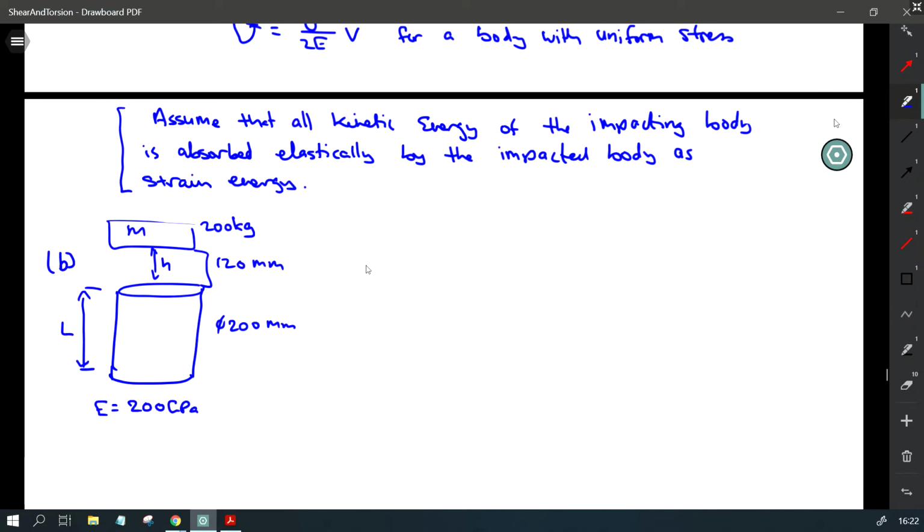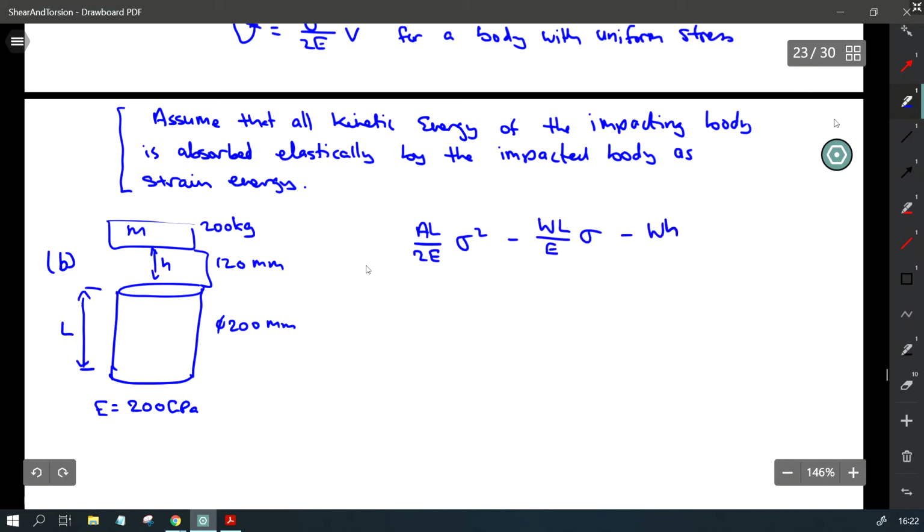So we'll write out our equation and see what we need. This is always the way to approach these. So we have AL over 2 times sigma squared minus WL over E times sigma minus WH equals 0.